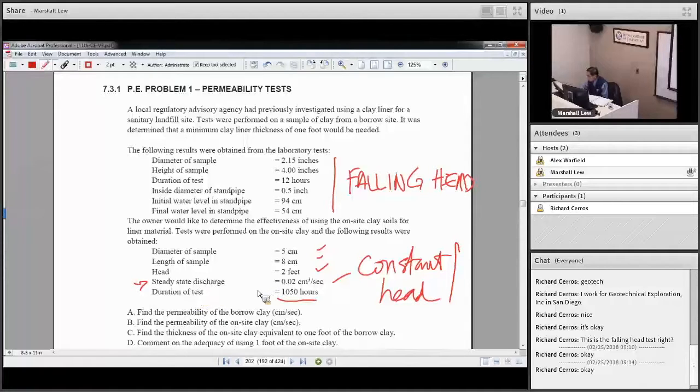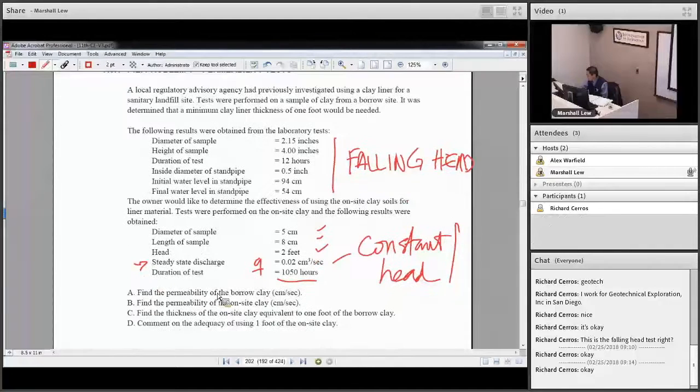So for that particular clay tested from the borrow, they get these results. Looking at the information they gave: the diameter of the sample is 2.15 inches, the height of the sample is 4 inches, the duration of the test was 12 hours, and the inside diameter of the standpipe is 0.5 inch.